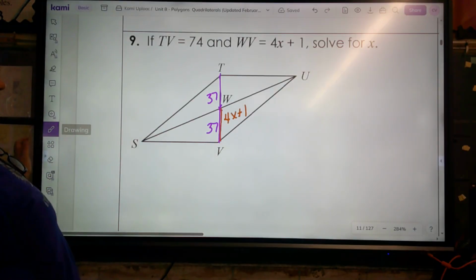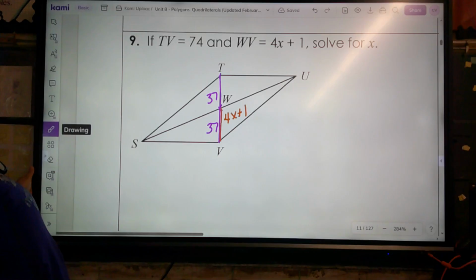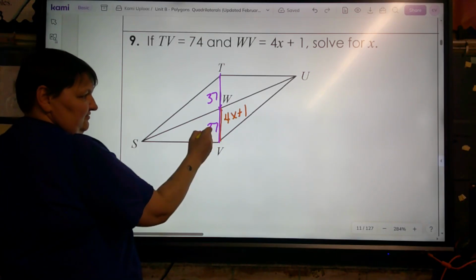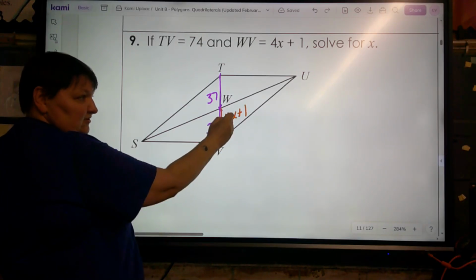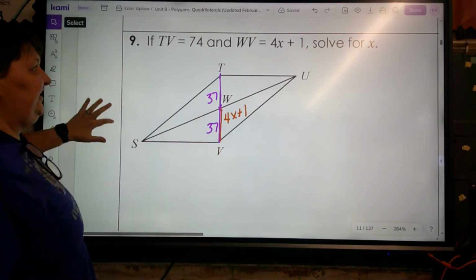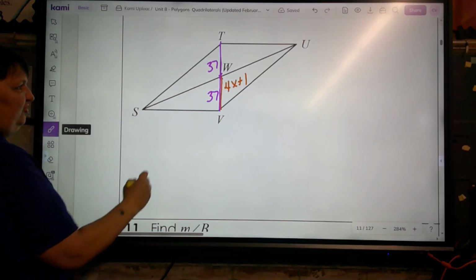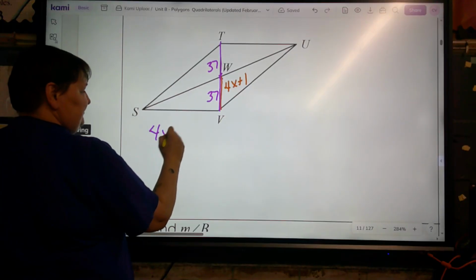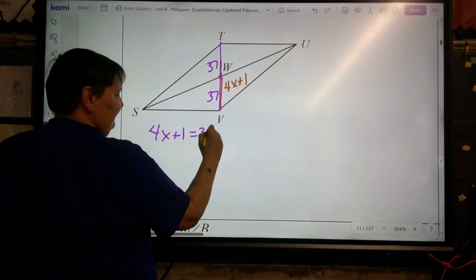Right? Solve for x. Again, we're solving for x. There's a couple different ways you could do this. What do we know? We know these are equal. So that's one way you could set it up. Right? So you could say 4x plus 1 is equal to 37.